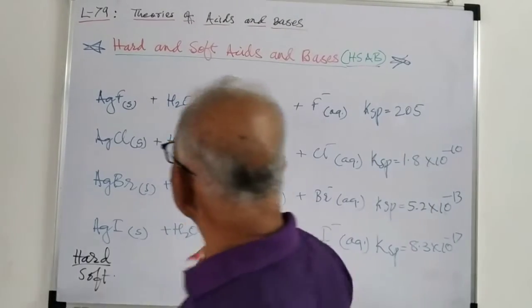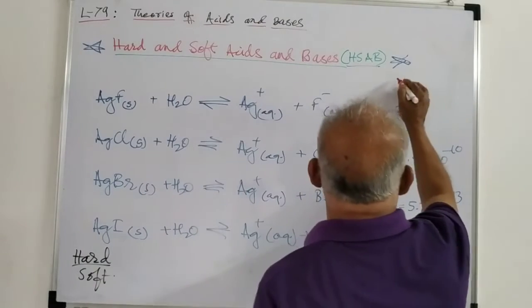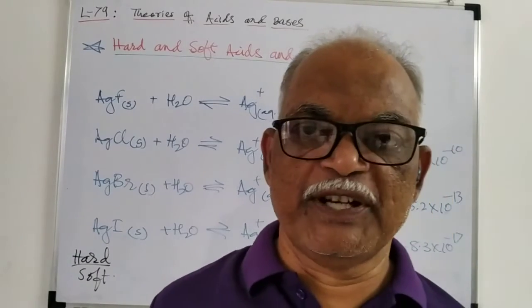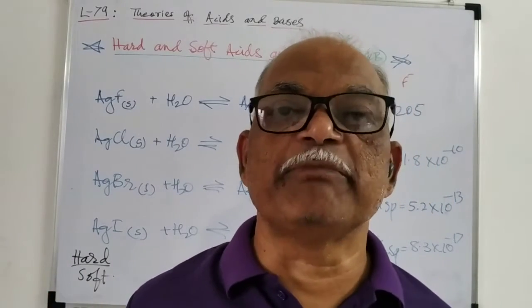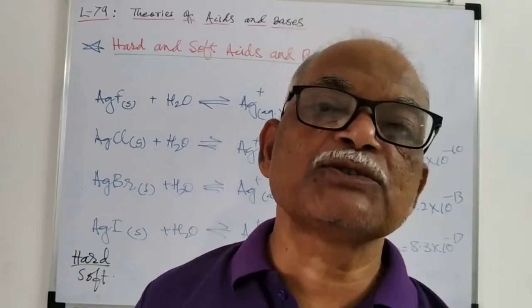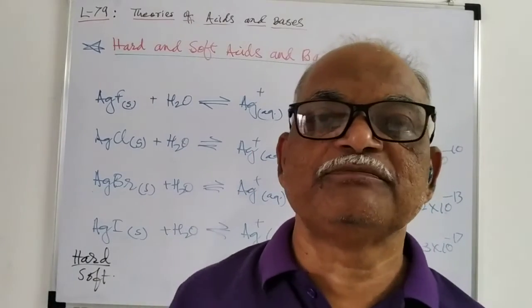For example, F minus has attained the neon configuration, which is highly stable, and therefore the electron from F minus cannot be easily removed.